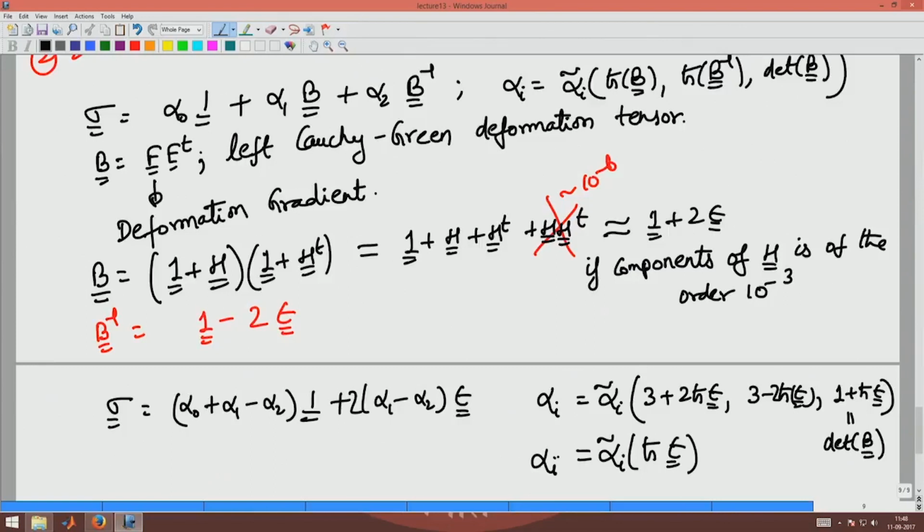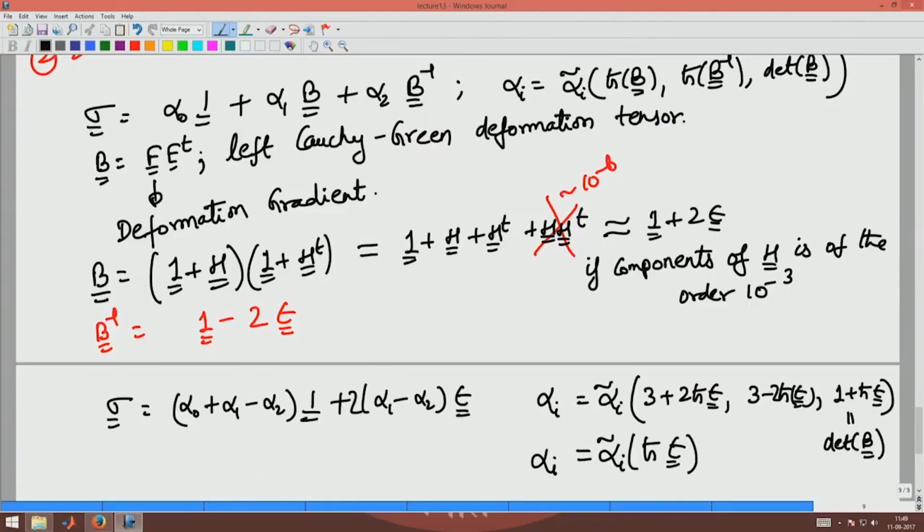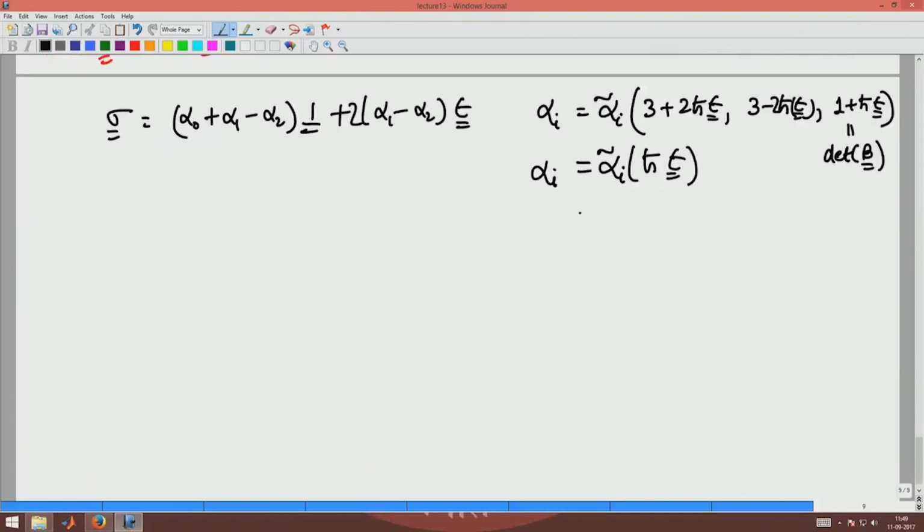Okay. Since we neglected higher order terms of the displacement gradient, alpha naught plus alpha 1 minus alpha 2 and alpha 1 minus alpha 2 cannot depend upon higher order terms of epsilon. So, even though these are functions of trace epsilon, they can be at most linear functions, mu I plus lambda I trace of epsilon. Let us substitute that in here. So, what will I get?